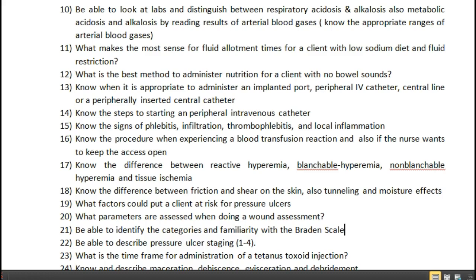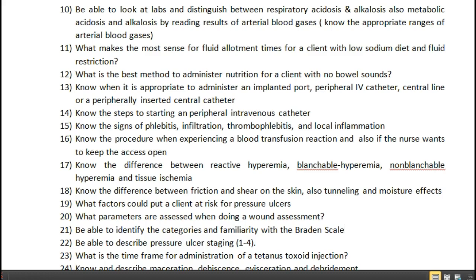Know that if you put a peripheral IV catheter in, you have to change the IVs about every 72 hours. Because if you don't change it every 72 hours, eventually the vein will probably collapse, and you wouldn't be able to infuse anyway.